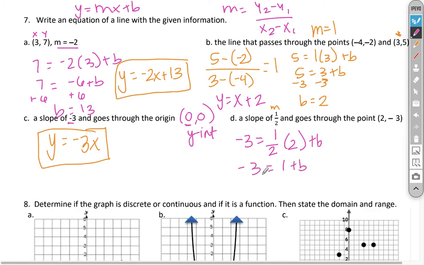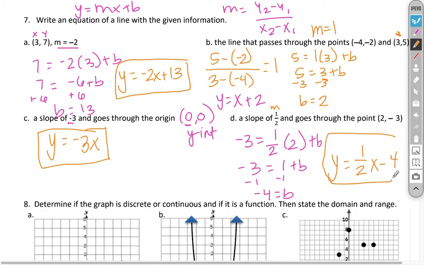And then we subtract 1. This is negative 4 equals b. So now we know our m is 1/2, our b is negative 4, and we're ready to write our equation. And it's going to be y equals 1/2 x, sorry, not plus, minus 4. Okay, make sure you watch your signs. All right, so always remember that the final equation is your answer, not what you're doing in between.